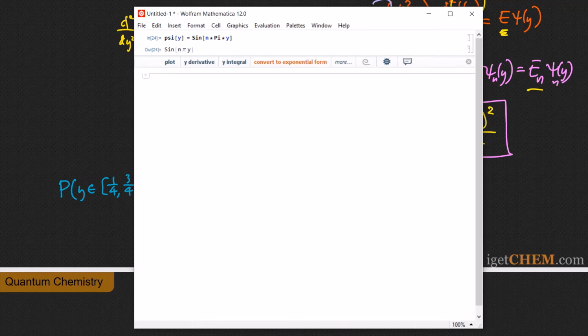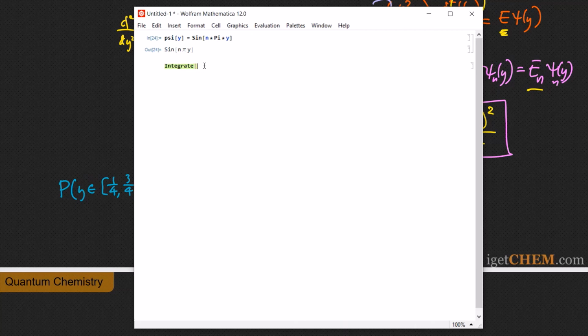And so I'm going to integrate that. I can leave the √2 outside, because I know the square of that is just going to give me a factor of 2.